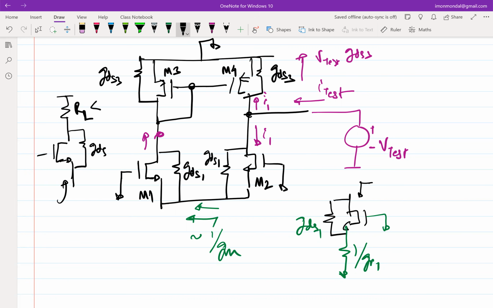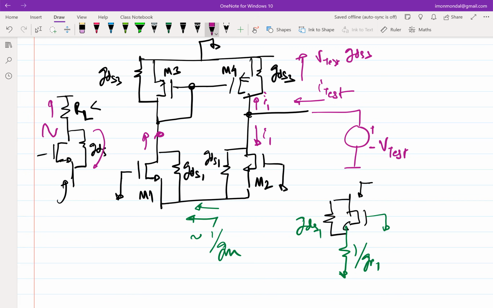Now, what is that value? Intuitively, if RL is very high, then you will have a lot of swing at that node. RL will take some current, but some current will also flow back through GDS.